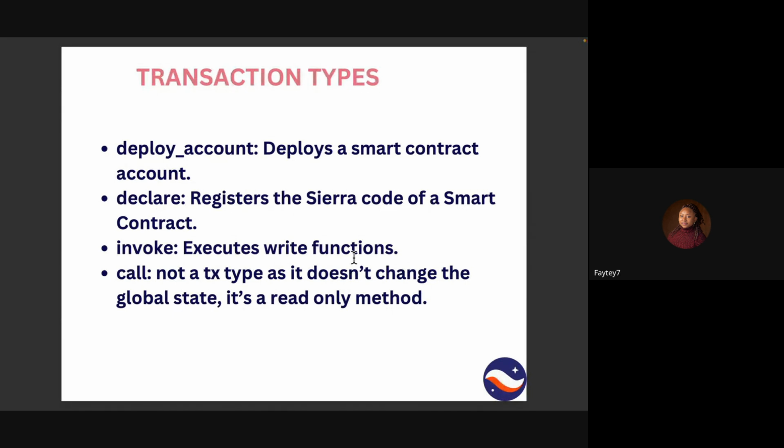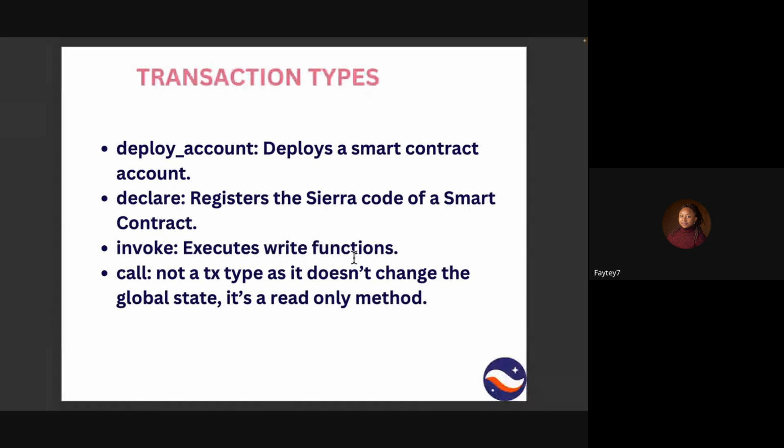Also, we have declare. Declare is the opcode for declaring the class hash, the source code of your smart contract. Invoke helps you to write to your smart contract that you've already deployed.